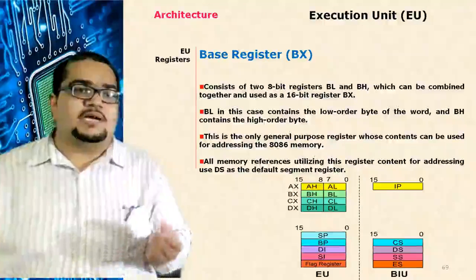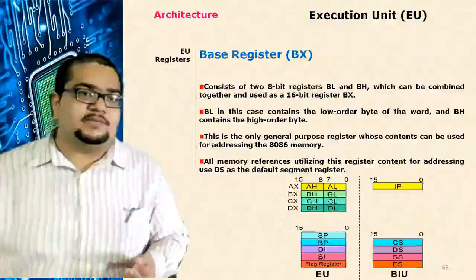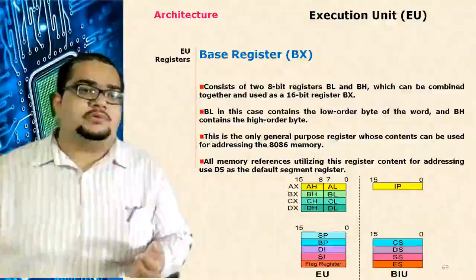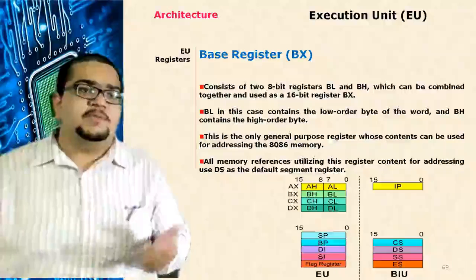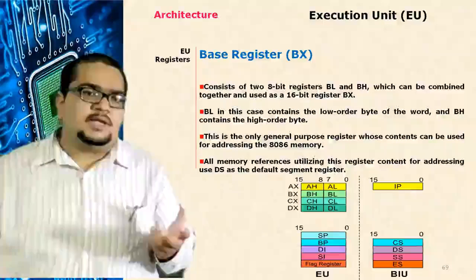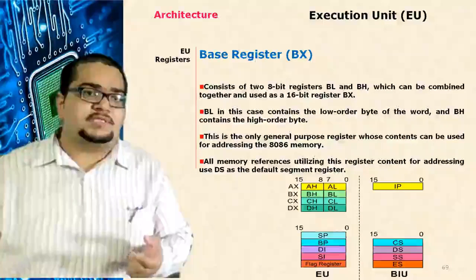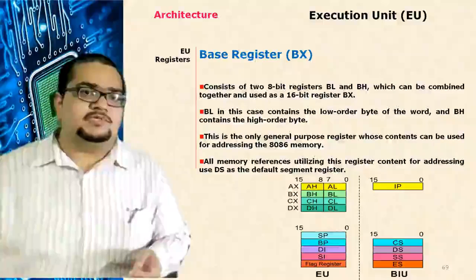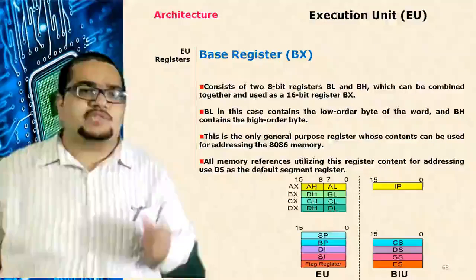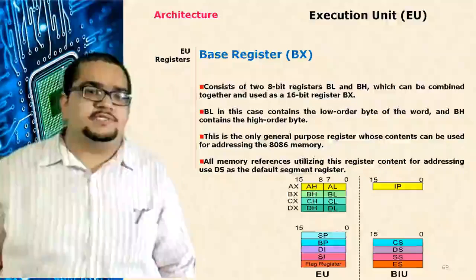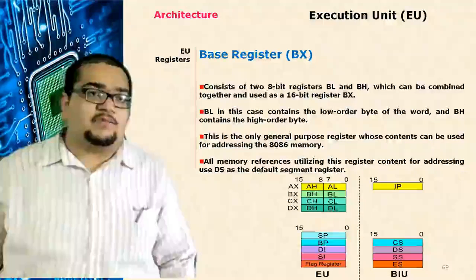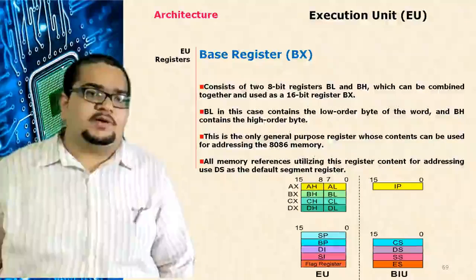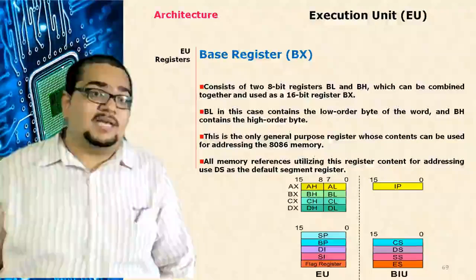If the address is calculated in index registers, you call it index addressing mode. If the address is held in the offset address, in the pointer registers or base type of registers, you call it base addressing mode, and so on. Index addressing modes and base addressing modes are the more common of the call by reference type of calling in assembly language.